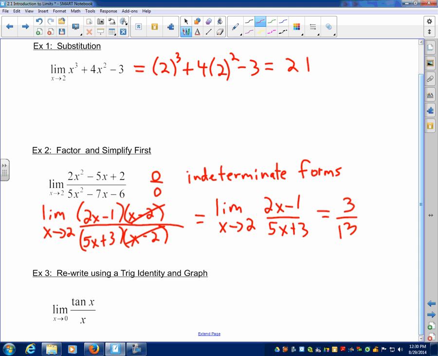What's the coordinate of the hole? No, not negative 3/5. X equals negative 3/5 is a vertical asymptote, so there'll be no y value to go with that. No, it's going to be at (2, 3/13), right? That's where the hole is.